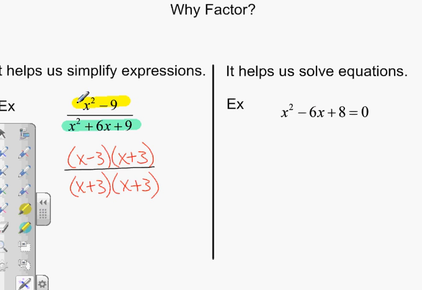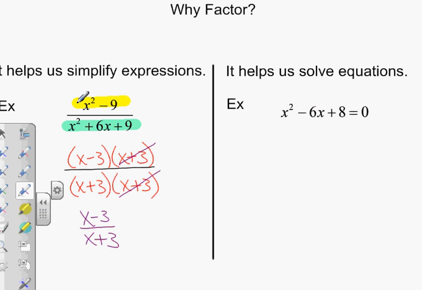Well, from here you could see that in this expression I can cancel the x plus 3's and just write x minus 3 over x plus 3, which allows me to simplify the expression. Okay? I won't put any focus or attention to restricting the denominator or what have you. That's a longer discussion. There's a little more to this problem, but this is the crux of it.